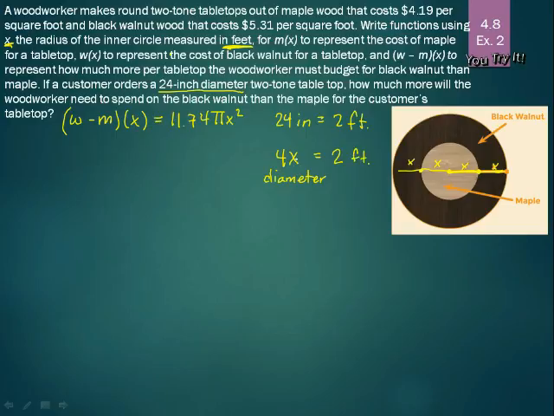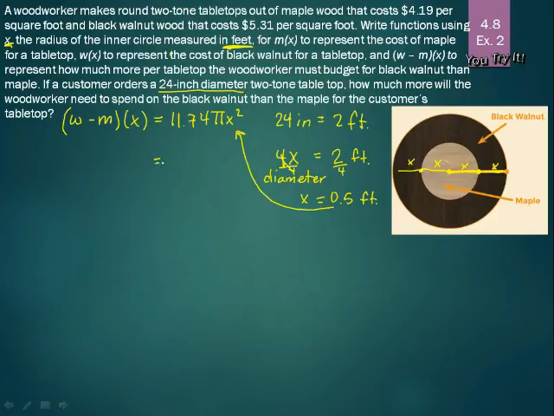And so to actually solve and find out what x is in our equation, we just would have to divide by 4 on each side. And so that would be x equals 2/4, which is just 1/2 feet. And so that gives us the inner radius, which now we can go ahead and plug into our equation.